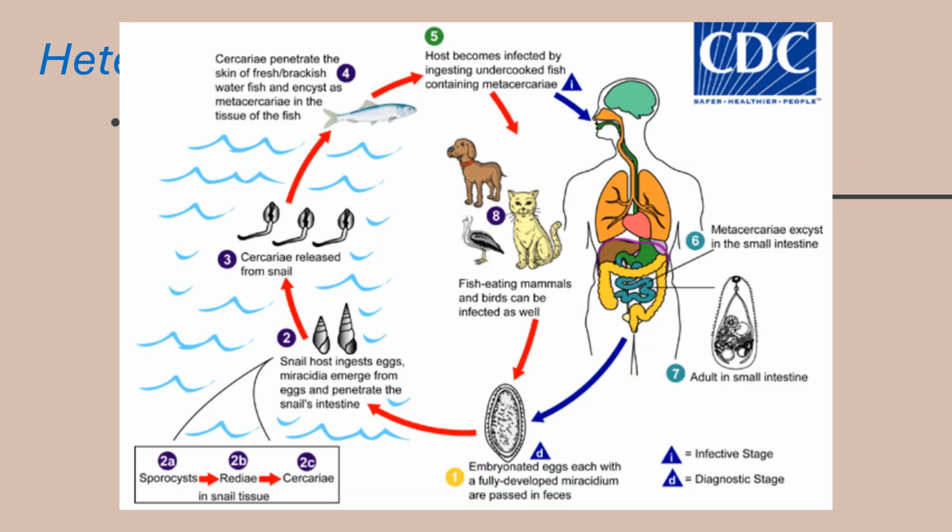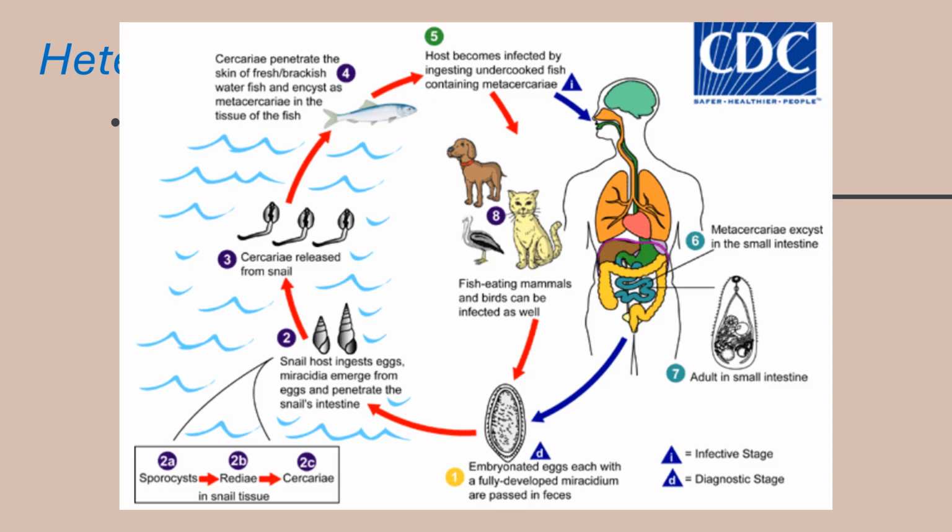As for the life cycle, the adult resides in the small intestines, and it lays embryonated or mature eggs. The snail host ingests the eggs, and inside the snail the miracidium is released.